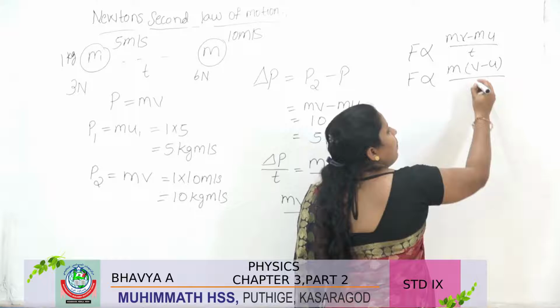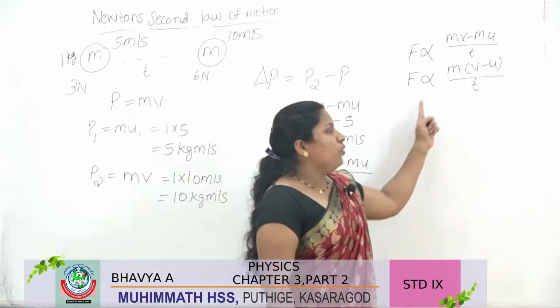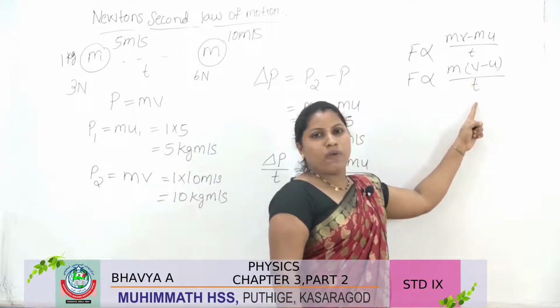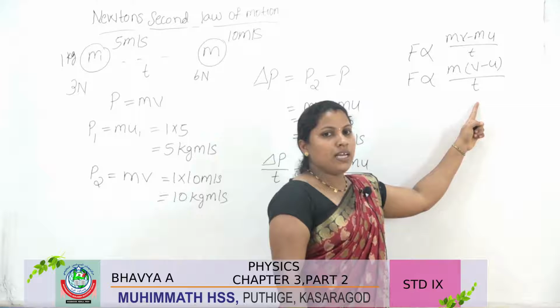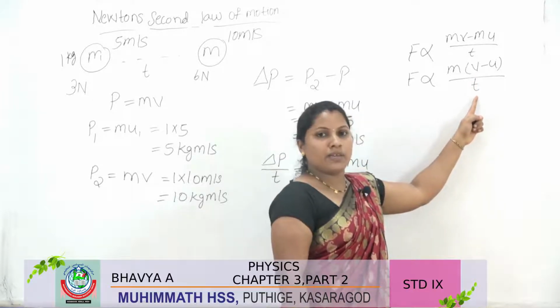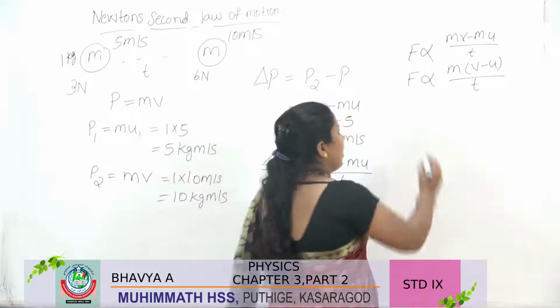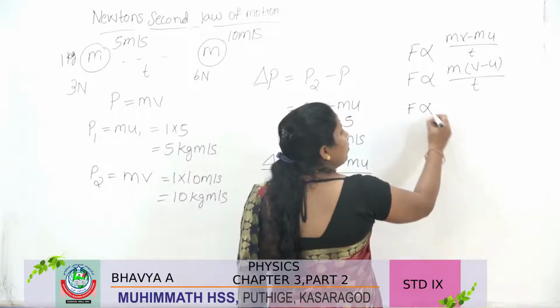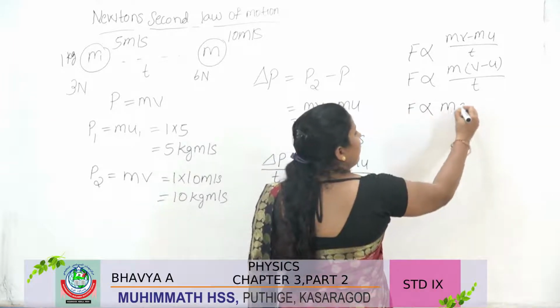You know that V minus U divided by t is acceleration, which was studied in the second chapter. So we can write F proportional to m into a.